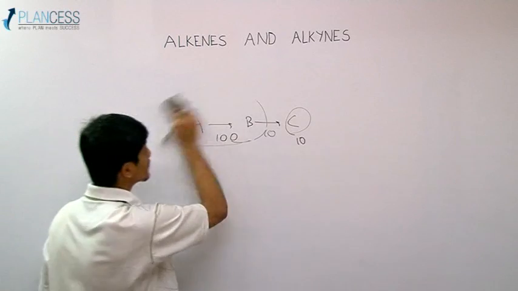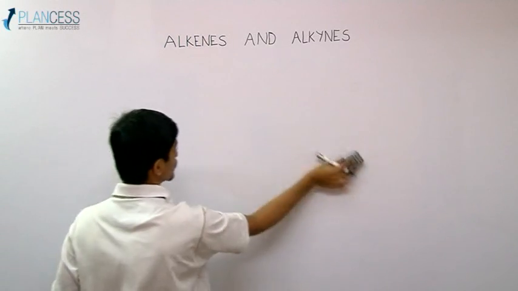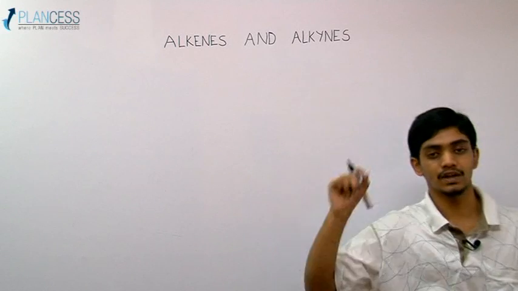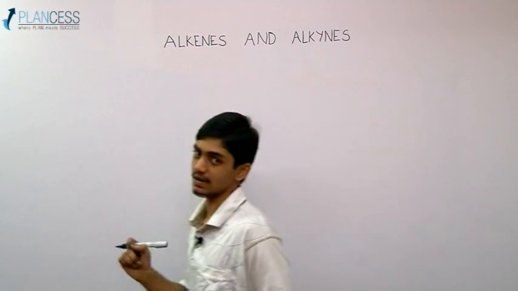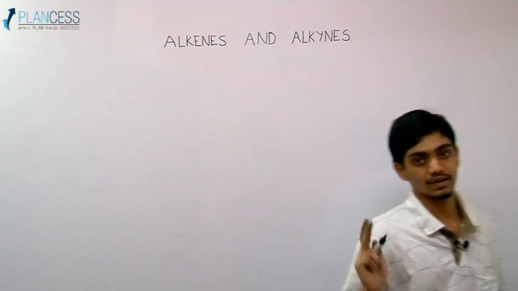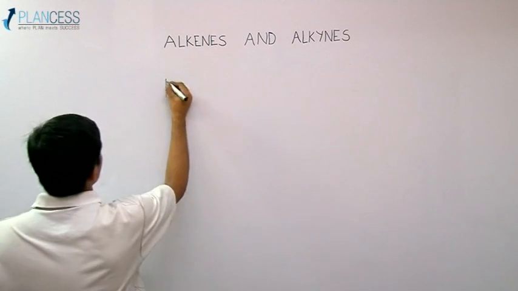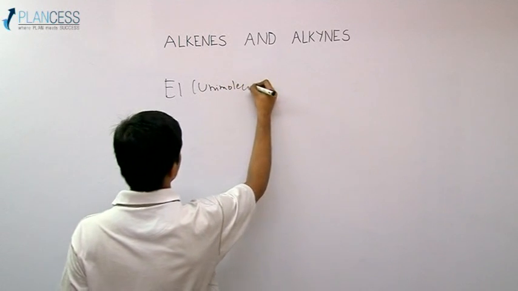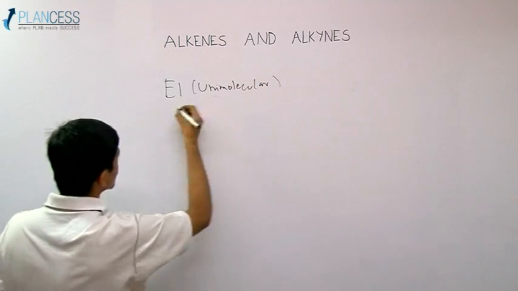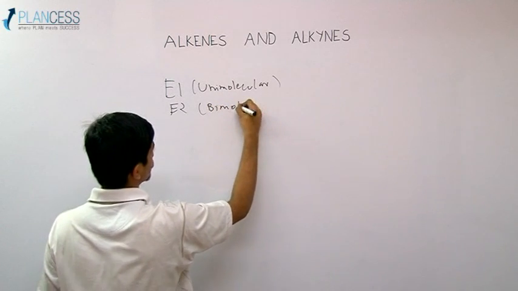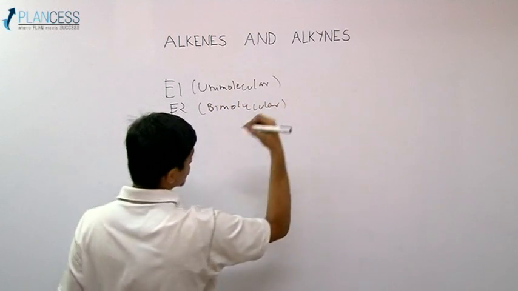So in the rate determining step, the two pathways of the elimination reactions differ. In one of the elimination reactions, there is only one molecule which decides the rate, and in the other one, we have two molecules which decide the rate. So we have E1, which is the unimolecular elimination reaction, and we have E2, which is the bimolecular elimination reaction.